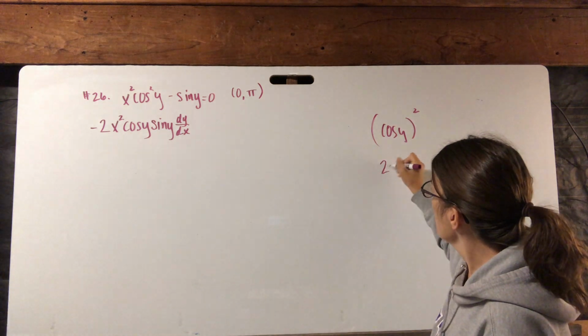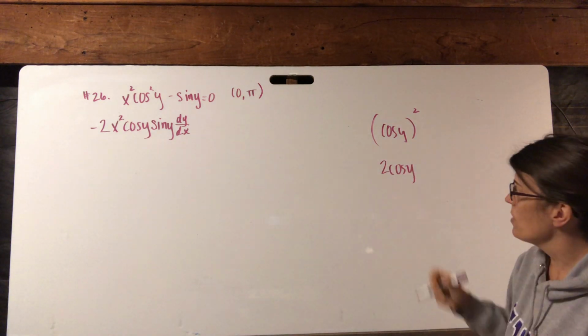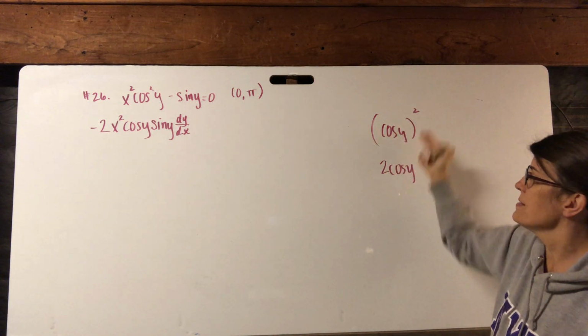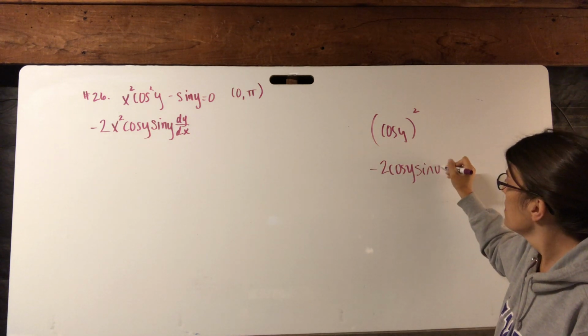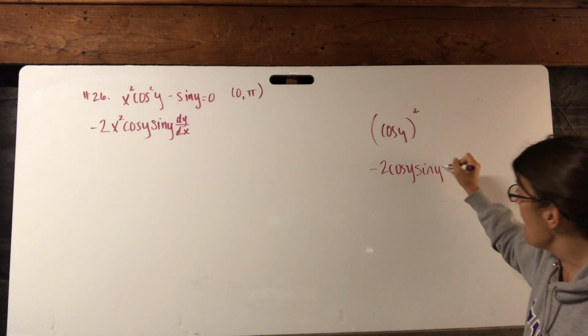Two in front, that's the first part, times the derivative of what's inside. The derivative of cosine is negative sine, times the derivative of the angle.